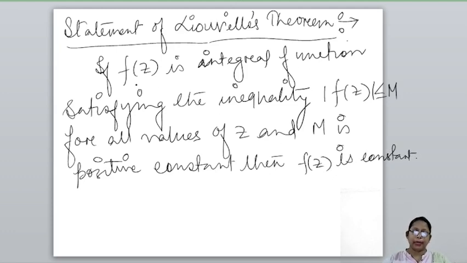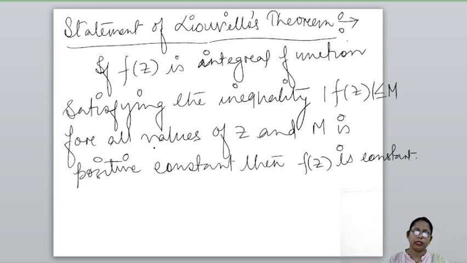That is, if f(z) is analytic at every point of the z plane and satisfies this inequality, that means f(z) is bounded, then my function f(z) is constant. That is, if we show that for two different values of z their functional value is equal, then we are done.